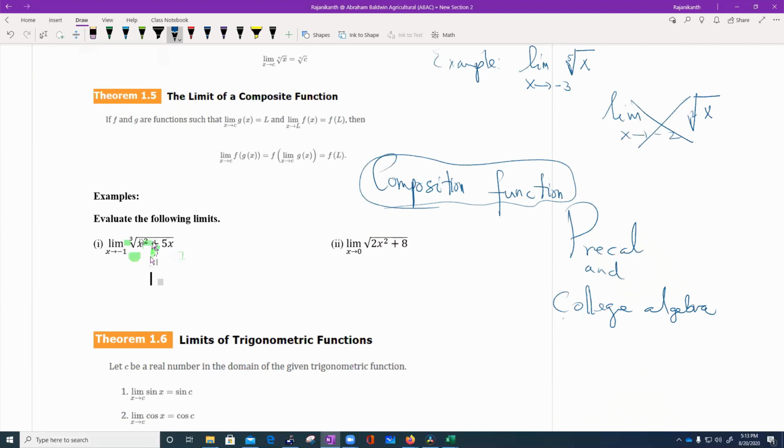What is the limit? Simply plug -1 inside. What will you get? Cubic root of (-1) squared plus 5 times -1. Remember, this is a cubic root. Could you simplify inside? Is it possible to find the cubic root of -4?